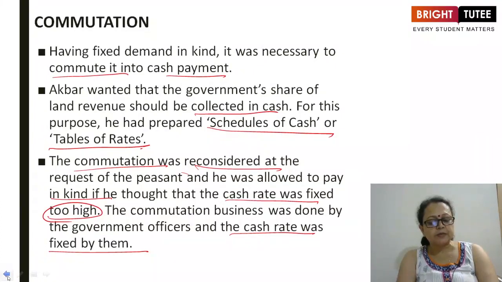None of these systems had the same elaborate organization as the Jabti system, which prevailed in the greater part of the empire. So this is all about the Jabti and the other systems, how they prevailed in different parts of the country, some during the period of Akbar and some under his successors.